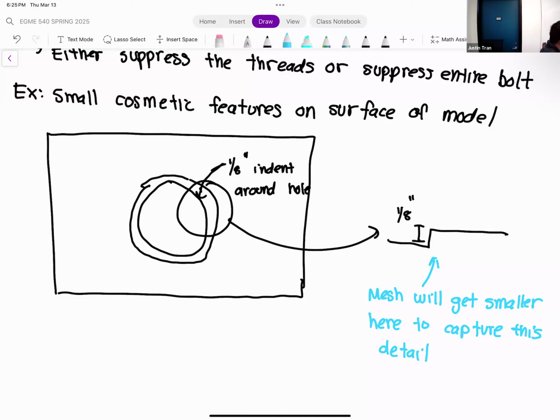So it's little things like this that can really kill your mesh, and you'll be pulling your hair out trying to get a good mesh density on it. And it's just not going to happen while those features are there.